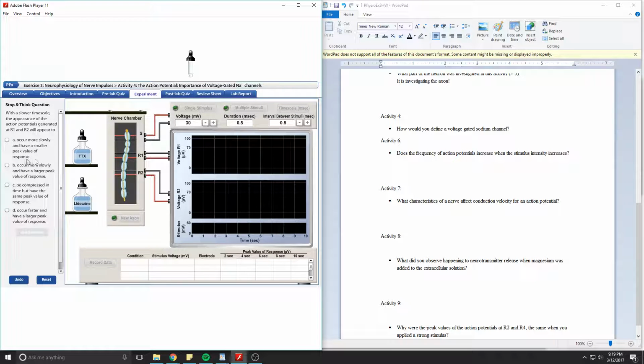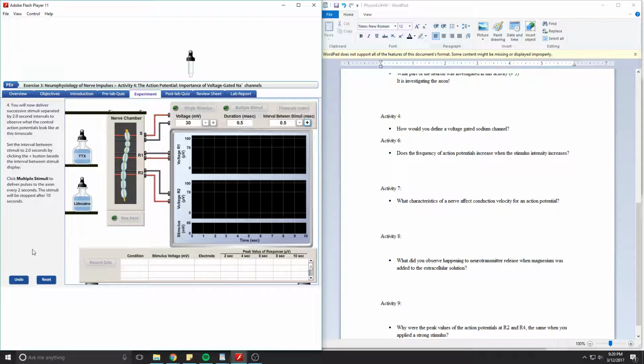Okay, timescale. With a lower timescale, the action potentials generated at R1 and R2 will appear to be compressed in time but have the same peak values. That's my answer. Yeah, it's that one.